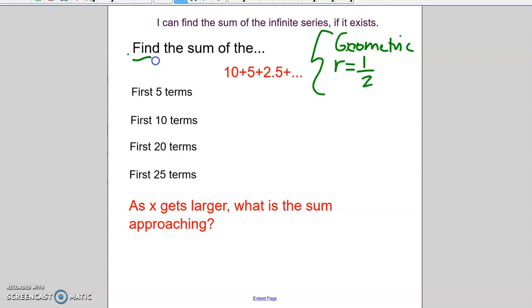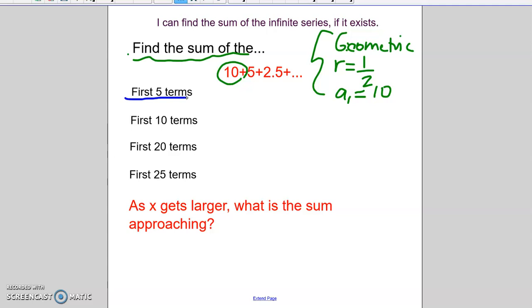And then I'm going to need to find the sum here today. So the sum formula also has a value a sub 1, which is the first term. The first term in this series is 10. Okay, so that's all I would need to know. And then I would also need to know the number of terms. So here it says find the sum of the first 5 terms.